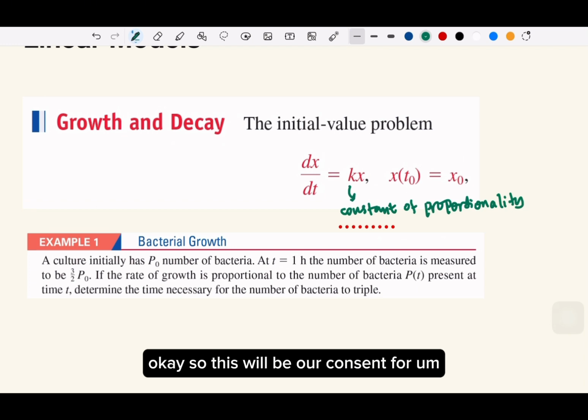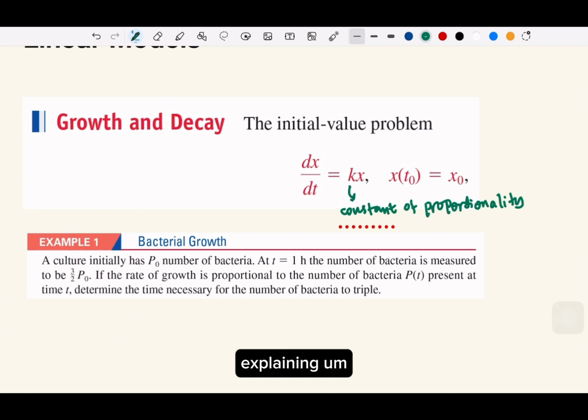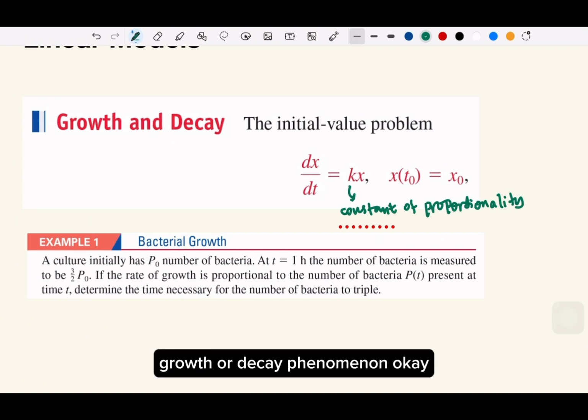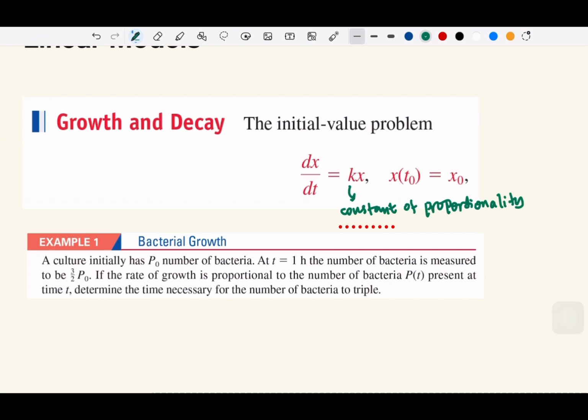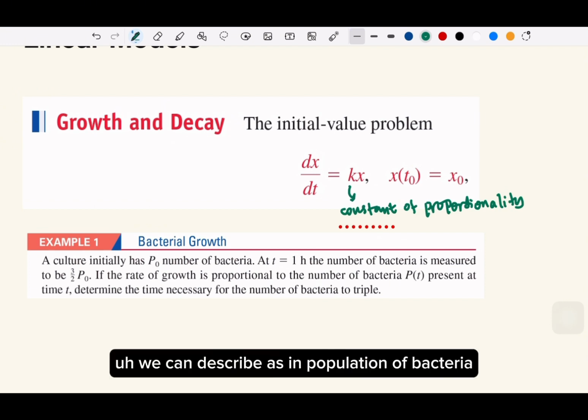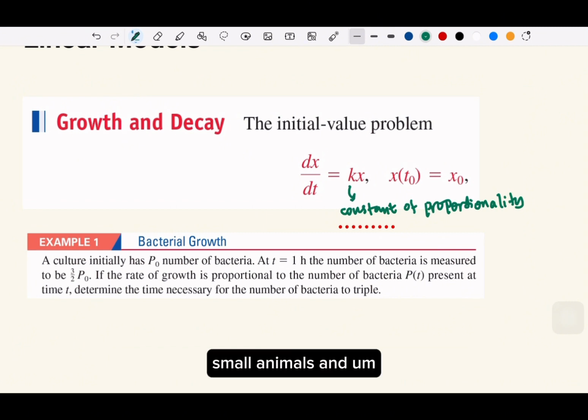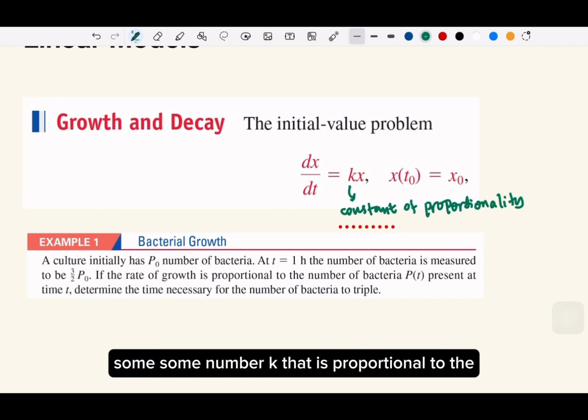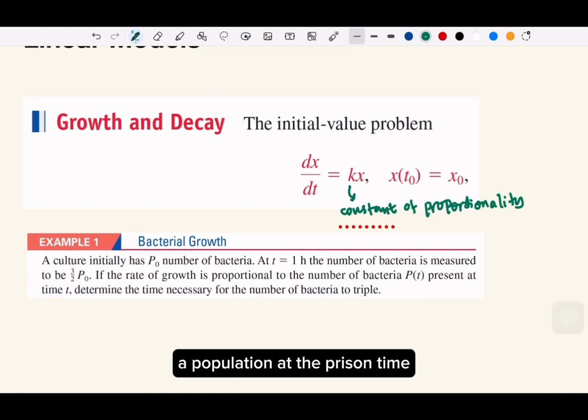So this will be our constant for explaining growth or decay phenomena. Like in biology, we can describe the population of bacteria or small animals, and we are going to have some number k that is proportional to the population at the present time.